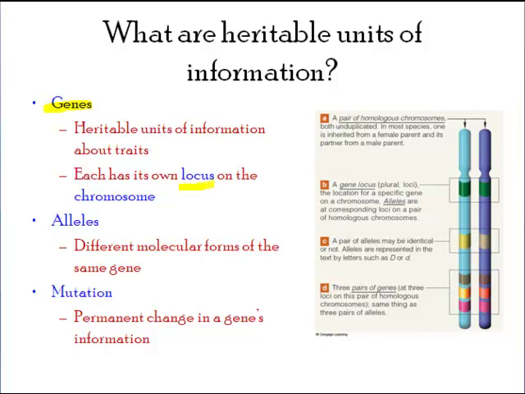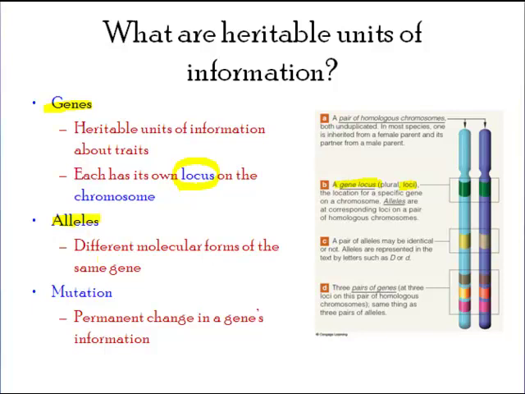Each gene has its own locus, which is the location of the gene. For example, in a pair of homologous chromosomes, gene loci, as it is called in plural, will be certain areas that correspond to a certain trait.